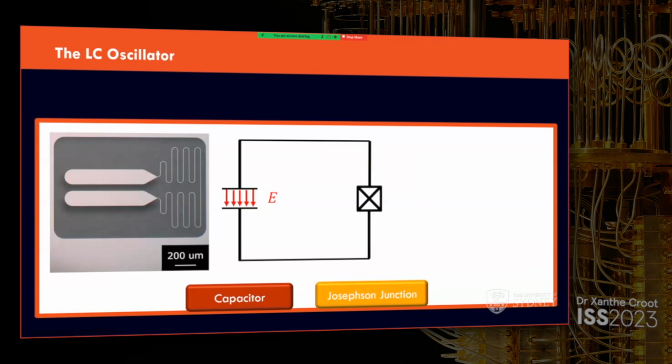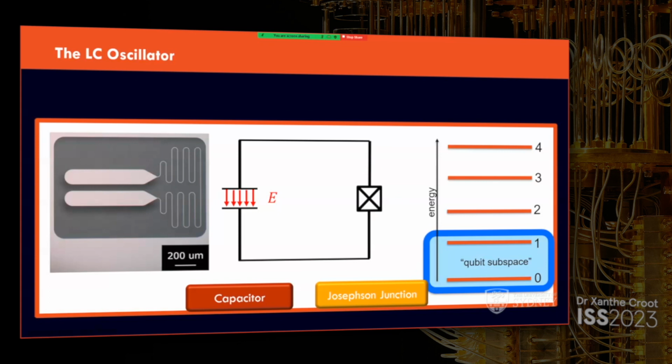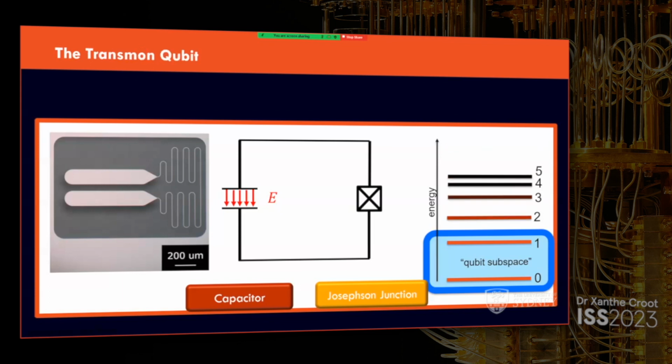If I switch this inductor for a Josephson junction, I go from having a circuit with energy levels that are all equally spaced to a circuit where the higher excited states, the first and second excited states, are actually separated by less than the energy between the 0 and the 1 state.